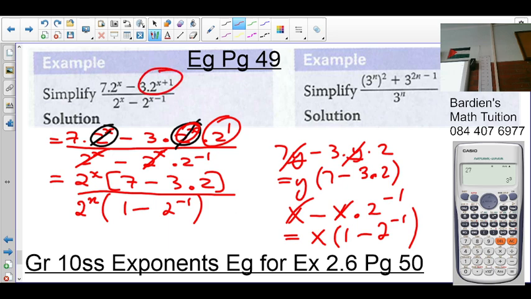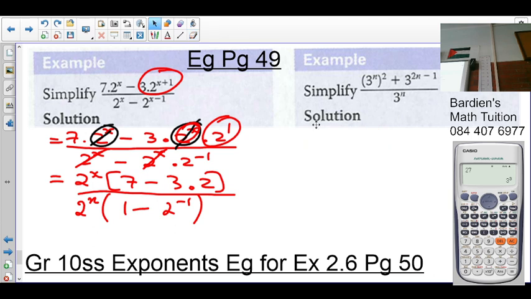Remember that if you got 2 to the x plus 1, let's just take this one back quickly. If you have 2 to the x times 2 to the 1, what would that be? That girl at the back, yes? 2 to the? So that's your problem.